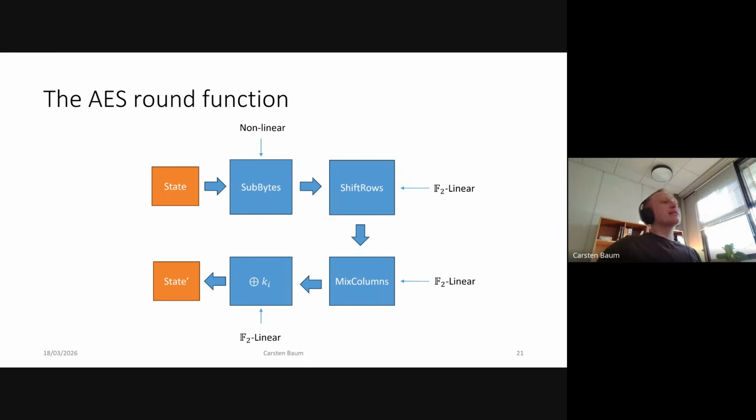Well, it has a nonlinear part. This is unsurprising. A block cipher that is only linear is not very secure. It has this nonlinear part called SubBytes, the S-box of AES. But then in addition, it has these other three steps: shift rows, mix columns, and adding in the round key. And they're all linear operations.